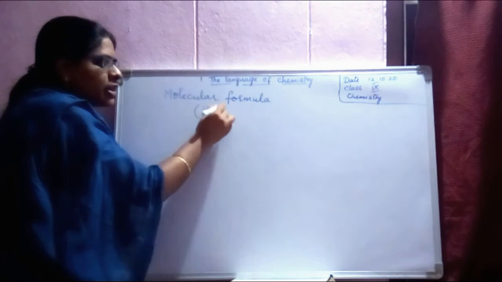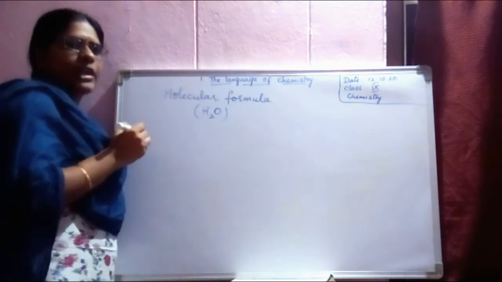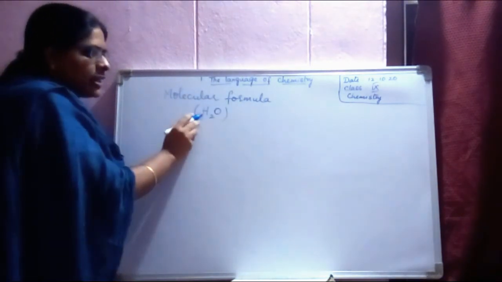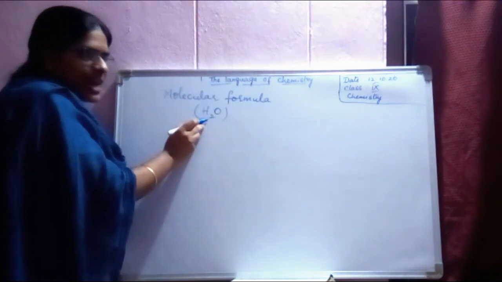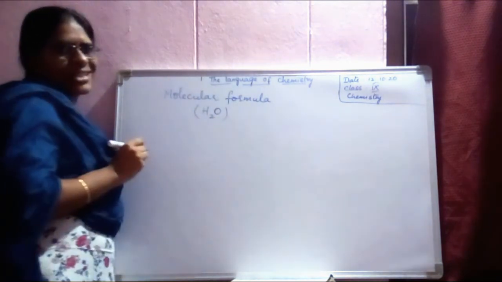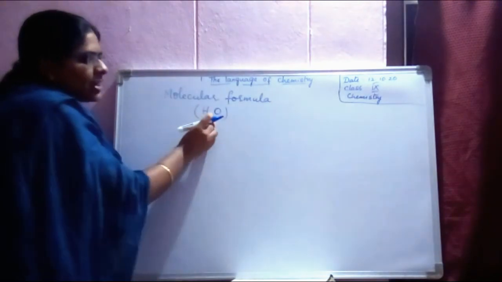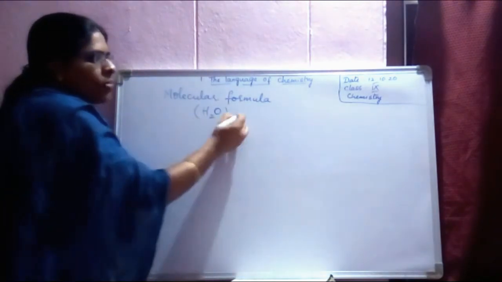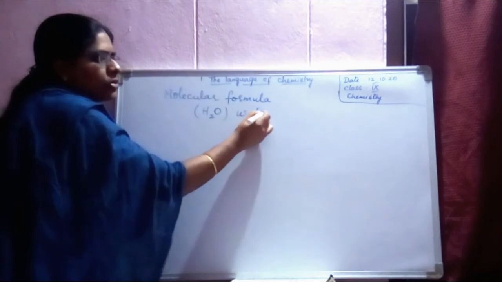This is the molecular formula of water. We said that there are two hydrogen atoms and one oxygen atom, and both are combined to form a water molecule.